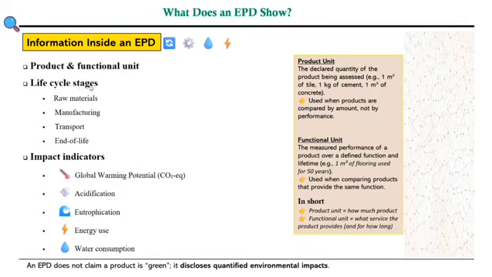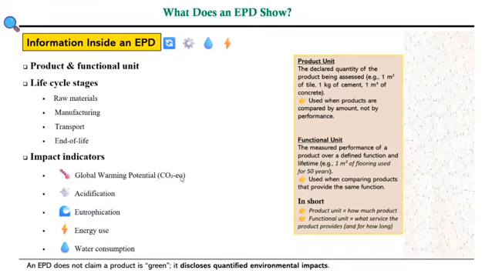The next is life cycle stages, which are raw materials. Any material has four common stages: raw materials, its manufacturing, transport, and its end of life. And the final is disposal. And the third one is impact indicators. What are they?